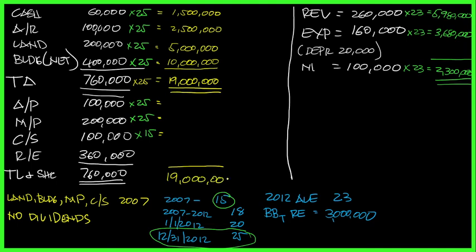Para maintindihan nyo yung sinasabi ko na adjustment. Okay, 100,000 times 25, you will get 2,500,000. 200,000 times 25, this one will be 5 million. Okay, 100,000 times 15. That will be 1,500,000.